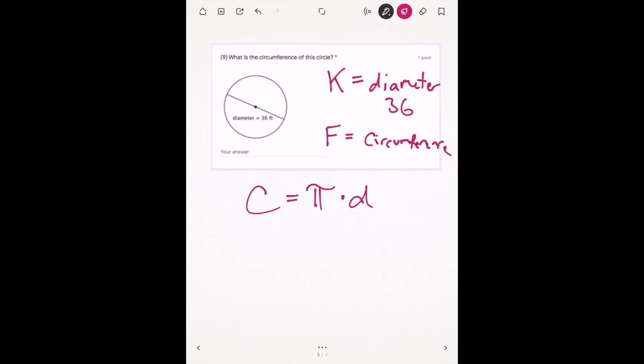So to find the circumference, we take the diameter, which is 36, and we multiply it by pi, which for this assignment we're using 3.14. If we multiply the diameter by pi, that will give us the circumference. And make sure in your answer, leave off feet. Just put the number because for this Google form to correctly correct your work, we're going to leave off the units, even though normally we always have the units.